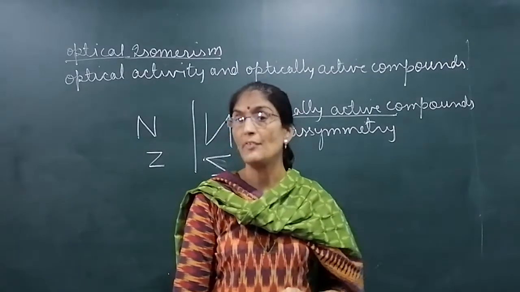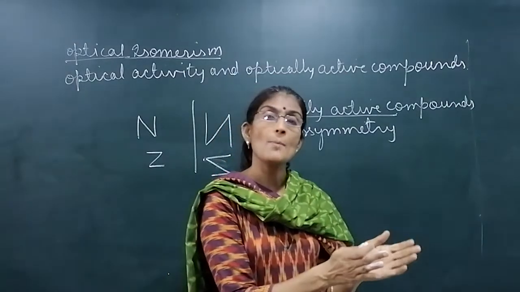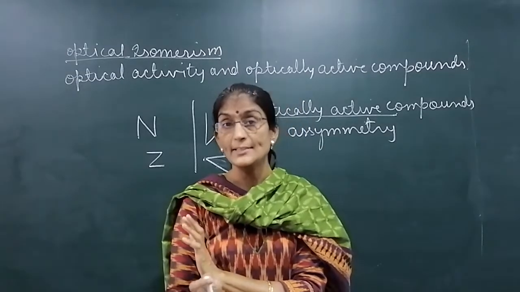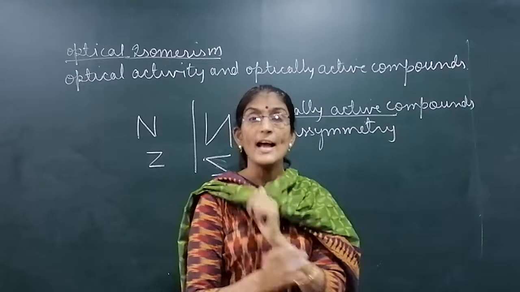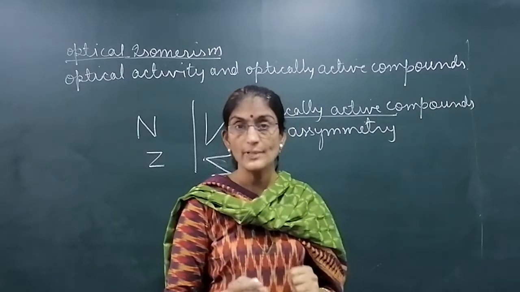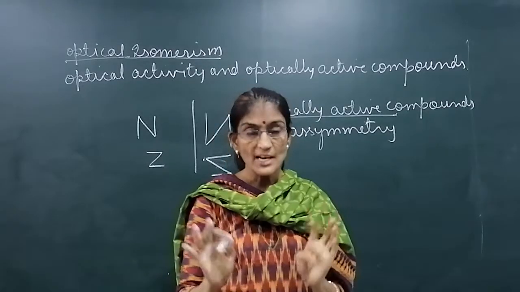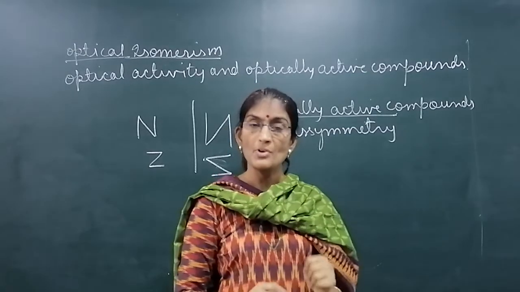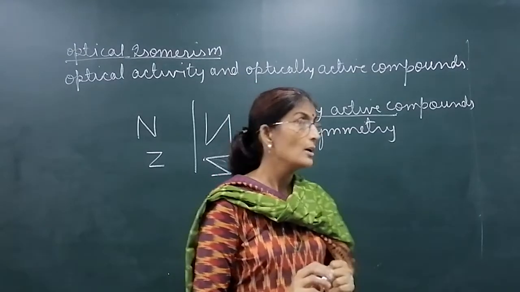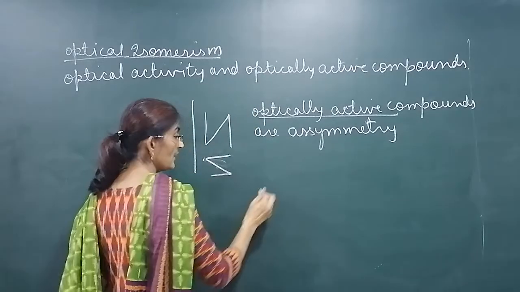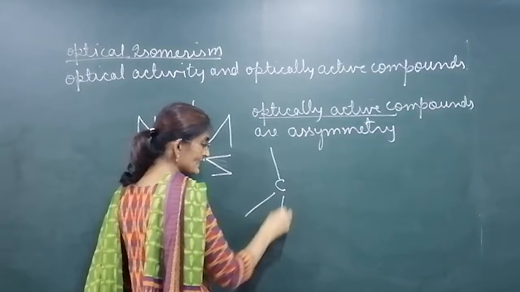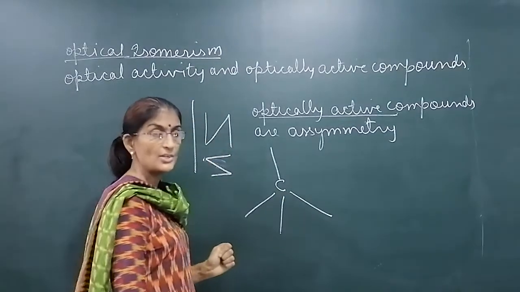On paper, how can we find out whether this particular compound is optically active or optically inactive? For that, scientists found out that the compounds are asymmetric. That's true. But how can we find out that this particular compound is asymmetric and that is not? Carbon, we know, has 4 valencies. And if all are sigma bonds, then its shape is tetrahedral.